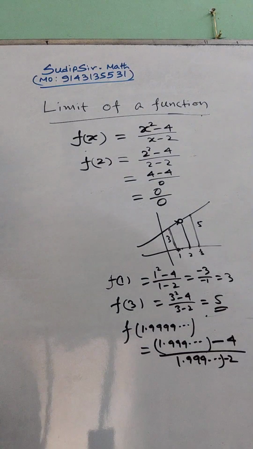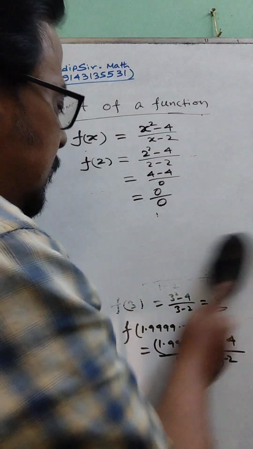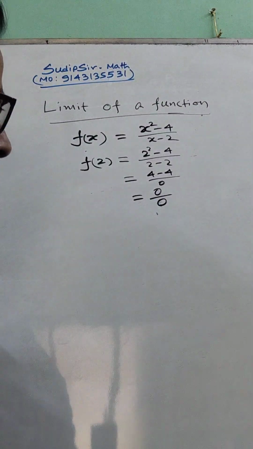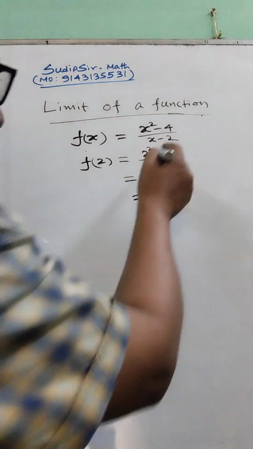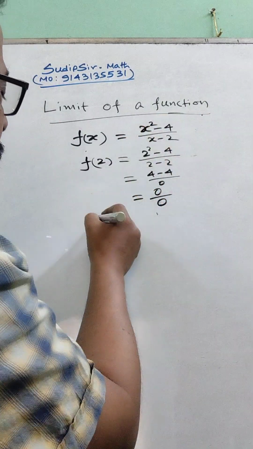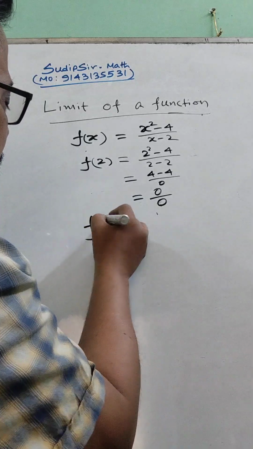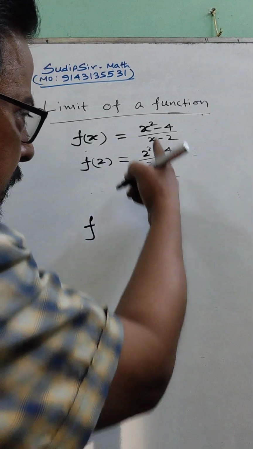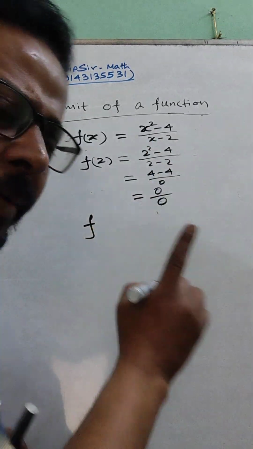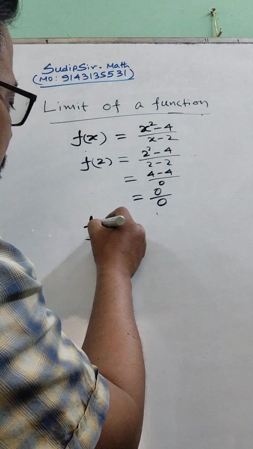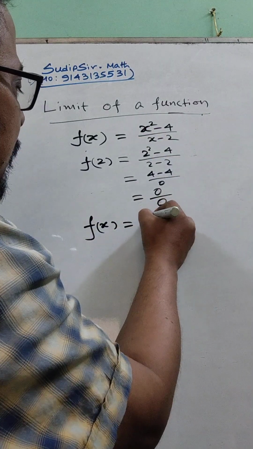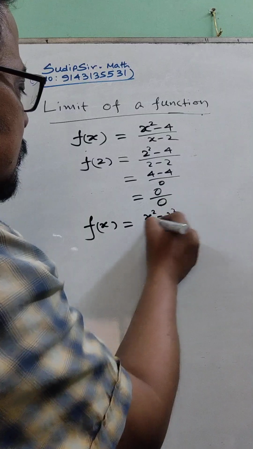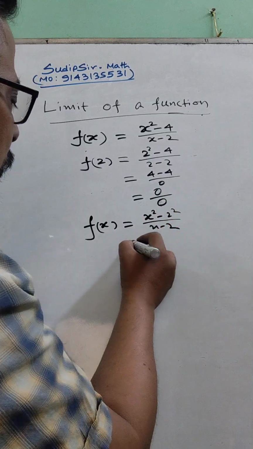Okay. So for that we will do another thing. First we will factorize this to reduce the equation and remove the 0 factor. So f(x) can be written as (x square minus 2 square) by (x minus 2).